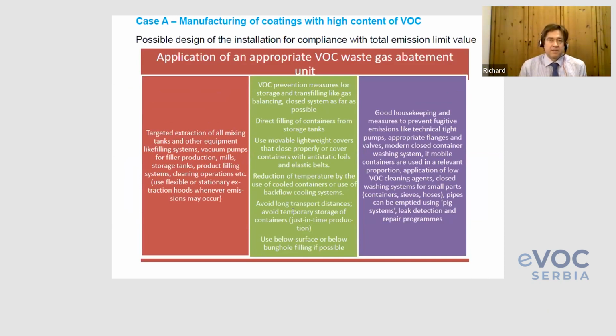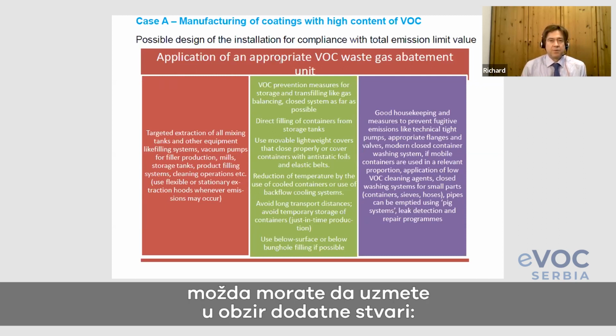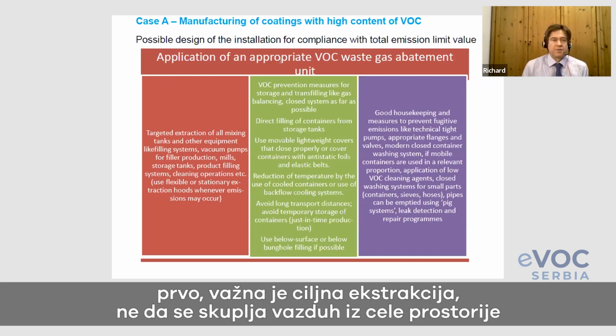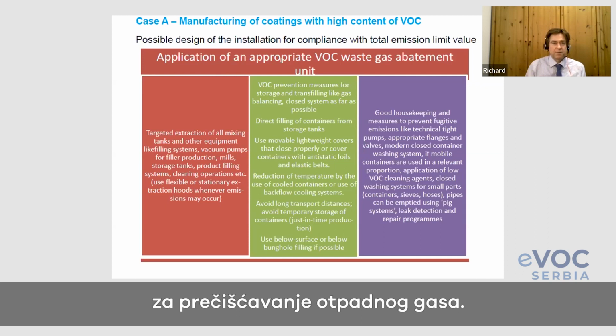Yes, if you here want to apply an appropriate waste gas abatement, you have to maybe take into account additional things. First, it is important that you have targeted extraction. That means not an extraction of the whole working room volume, because it is not possible, because the volume is too large to use such a waste gas abatement system.